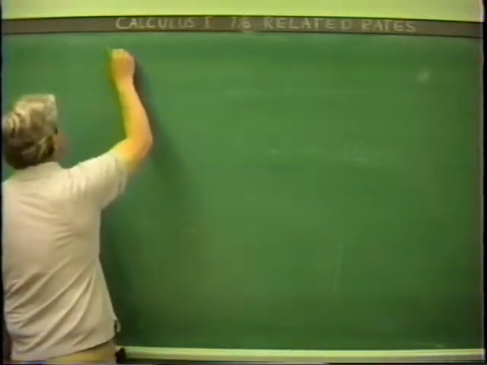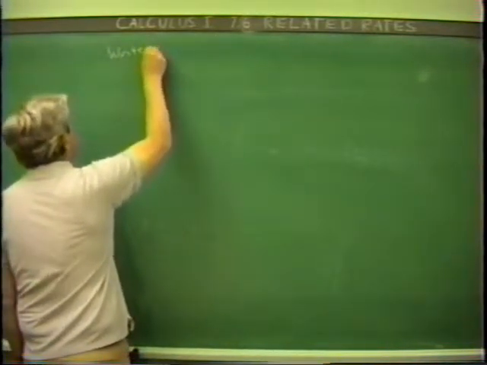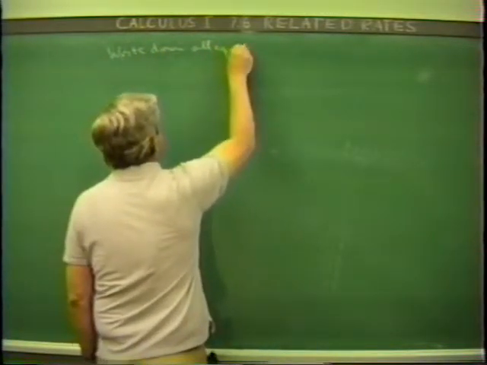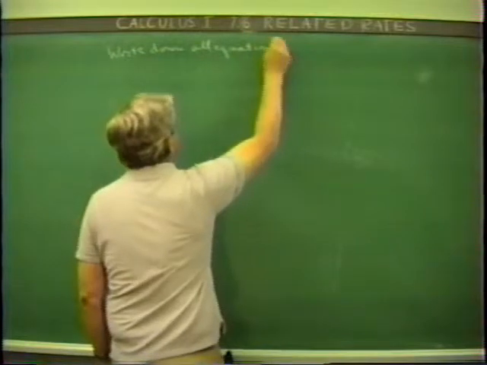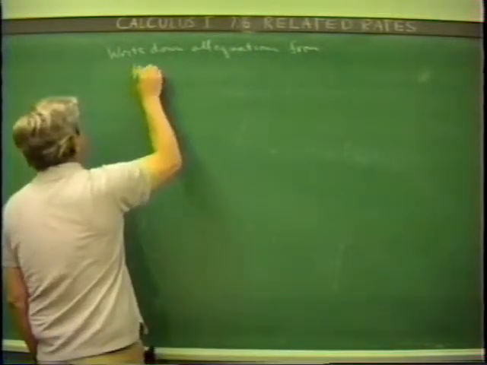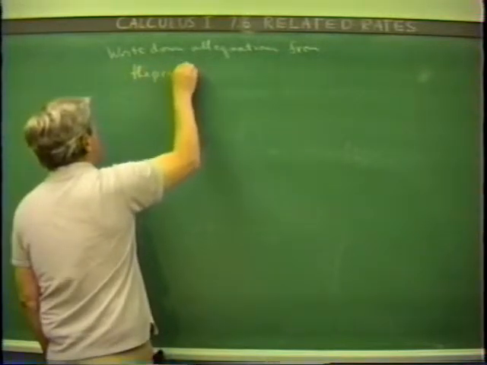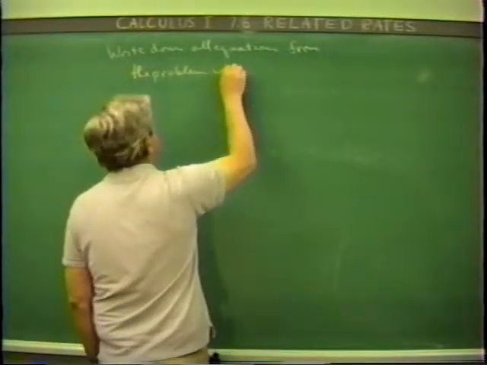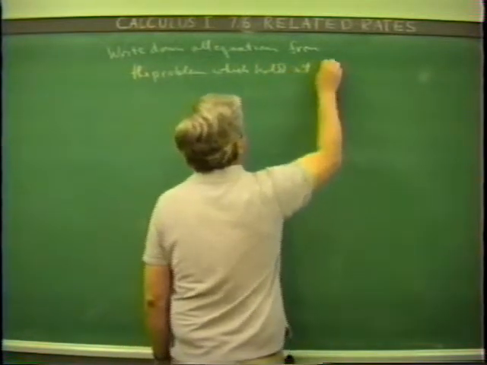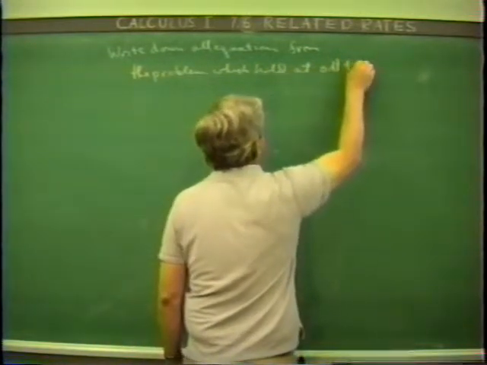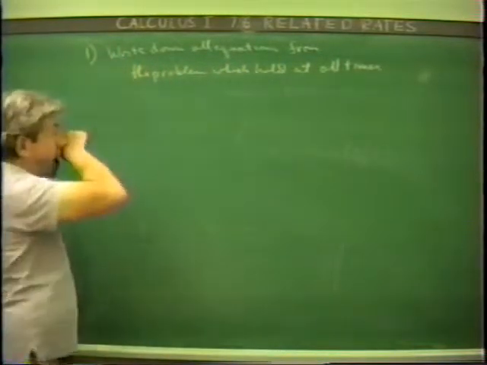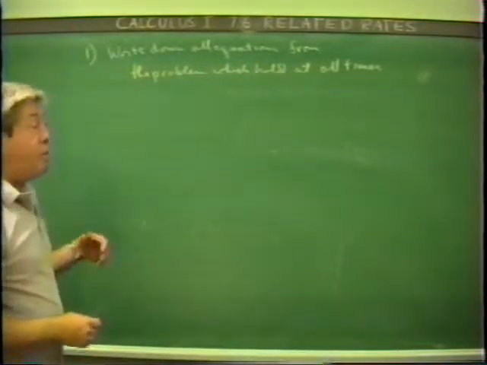And so the first thing to do with a related rates problem is to write down all equations from the problem which hold at all times.